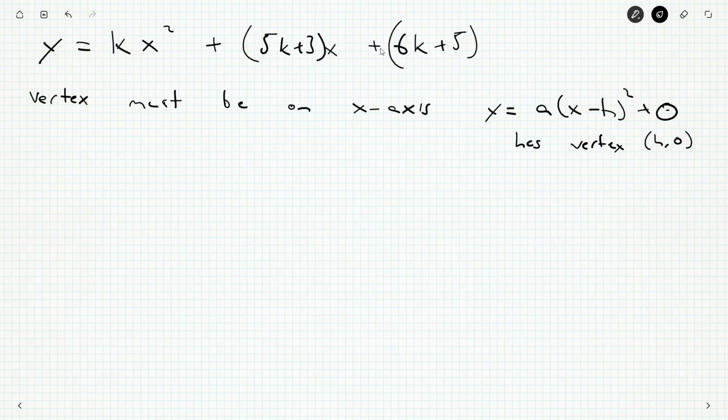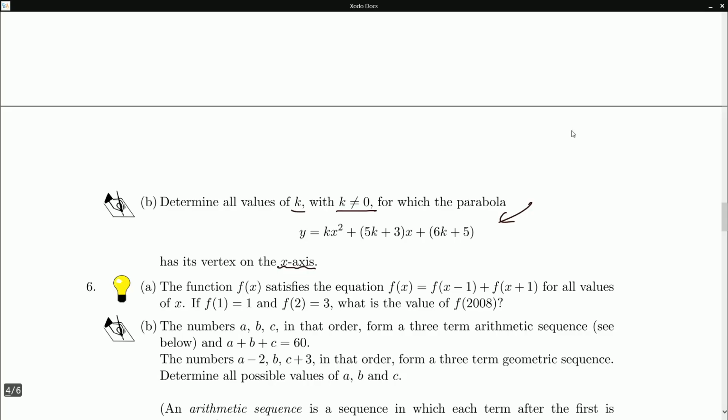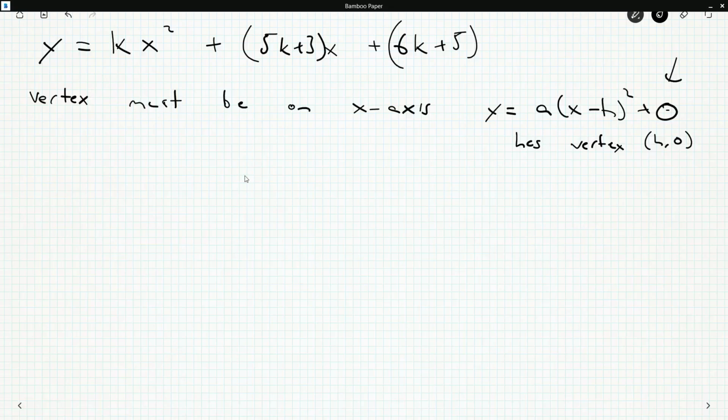So what I want to try and do is transform this into vertex form and say, aha, there we go, we've got a 0 right here. So what this needs to look like is a times (x minus h) squared. That's what we need to do to match it up.